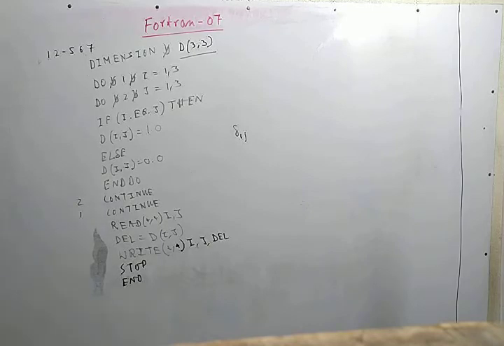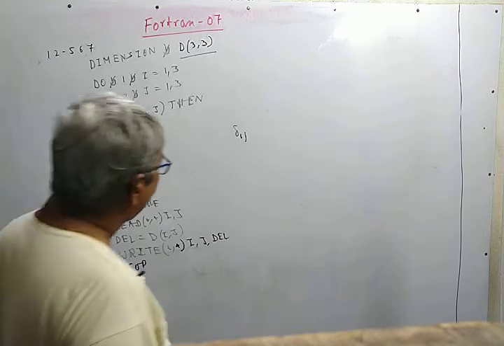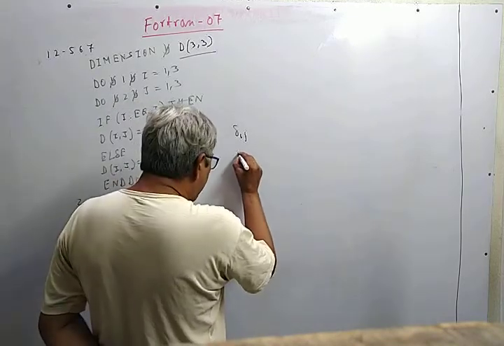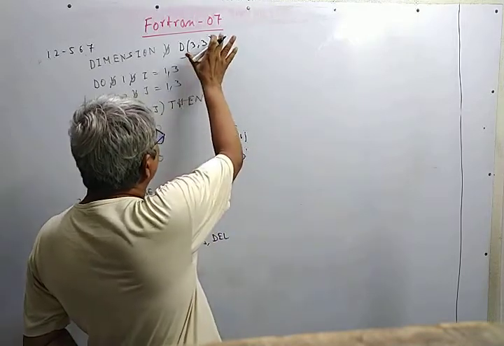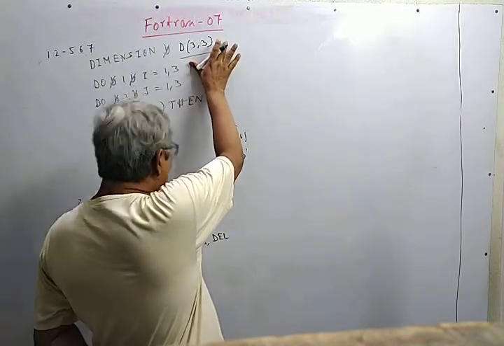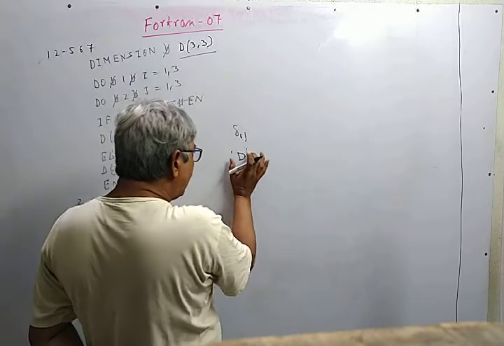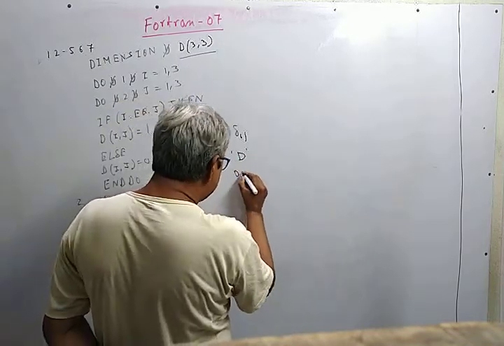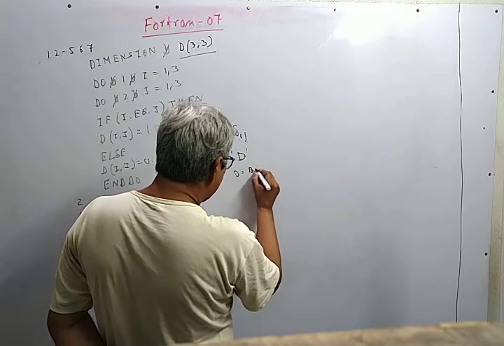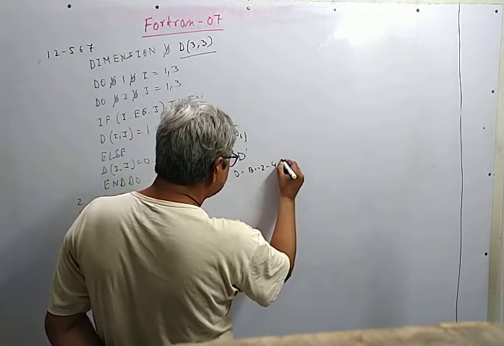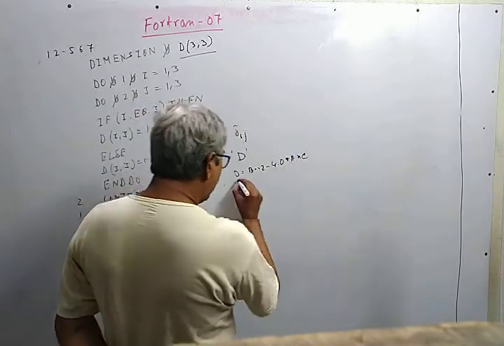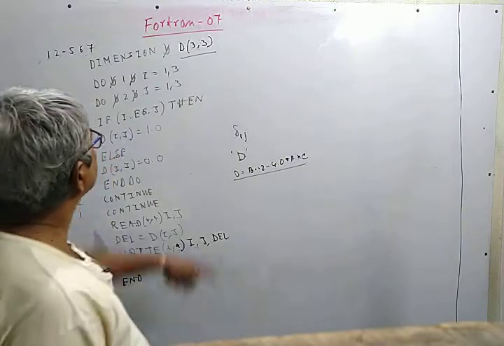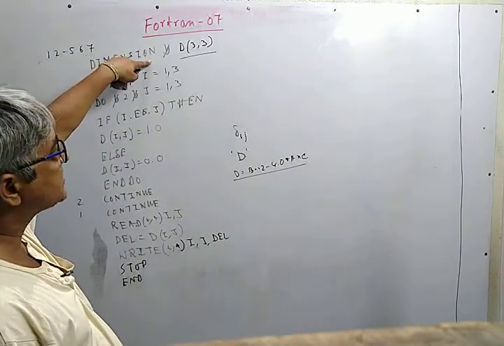Another precaution that has to be taken: in the same program we cannot name any other variable as d, because d has already been assigned as an array, a two-dimensional array. So if we write d is equal to, say, b square minus 4ac, in the same program it will give you a warning or error message, because the earlier statement says that d is an array variable.